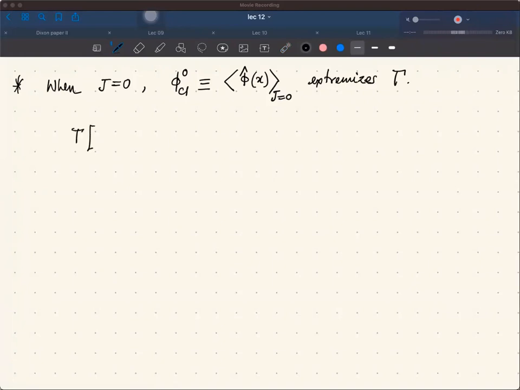Gamma itself is 0 at phi CL 0, and del gamma phi CL del phi CL at phi CL 0 is 0.